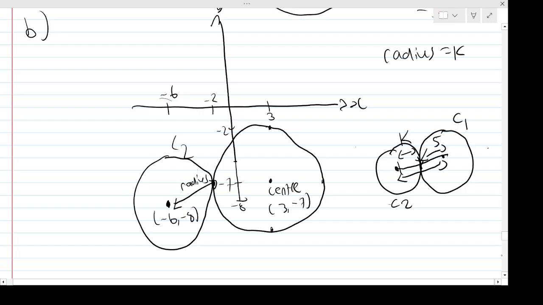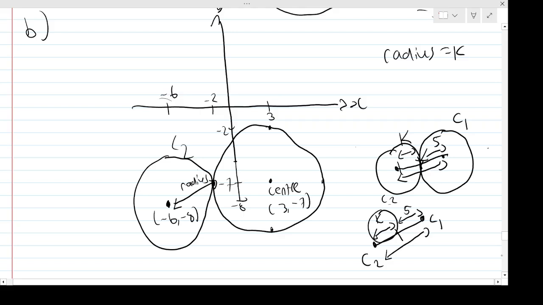Essentially, let's just draw the line. We have the centre C2 and then we have C1. I want to find this cut-off point K when they intersect. If that is the distance K, then this would be the radius of C1, that would be 5, and the overall distance is the distance between point C2 and C1.